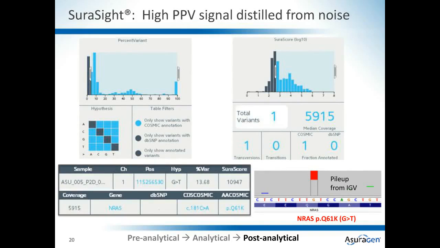However, if you look at the final output from this particular sample, rather than dozens or even hundreds of variants, we've been able to distill down to a single variant, a single COSMIC NRAS mutation. You can see it in a pileup here at 14%. So this is the level of clarity that can be observed when one uses pre-analytical information to power the bioinformatics.